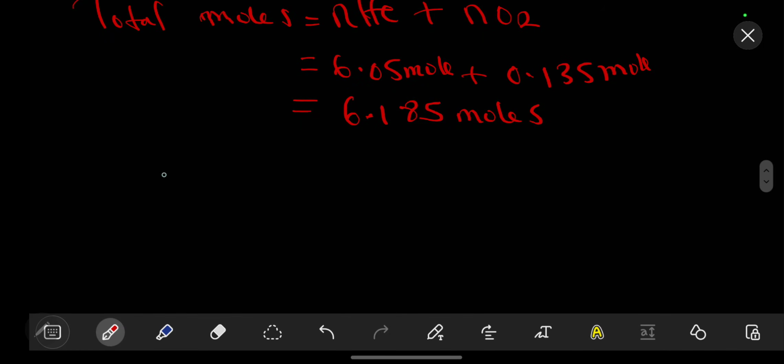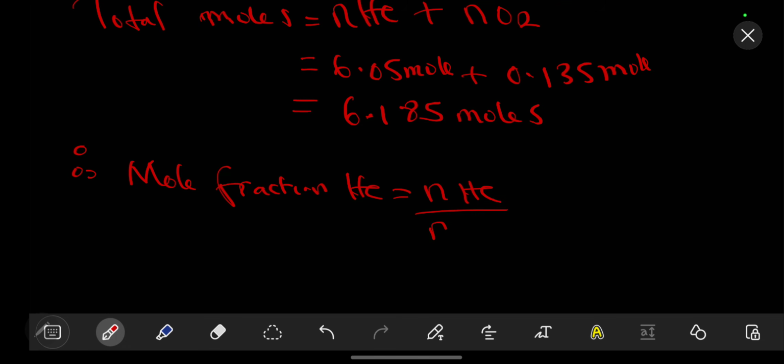Now to find the mole fraction, a fraction is the moles of that substance over the total. So the mole fraction of helium should be equal to the number of moles of helium over the total number of moles.